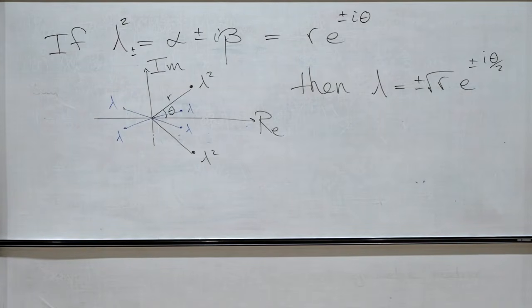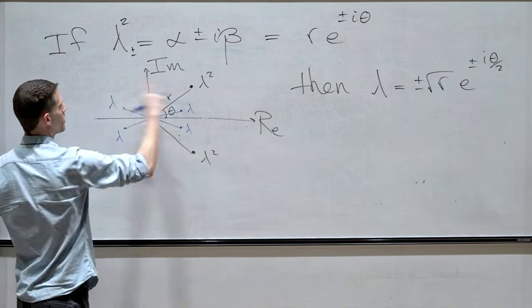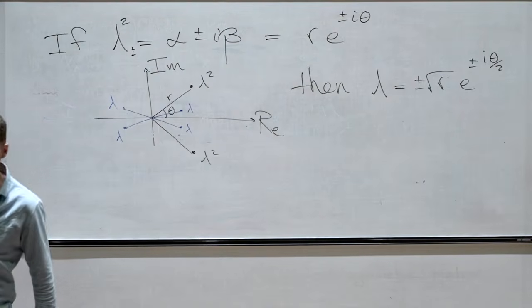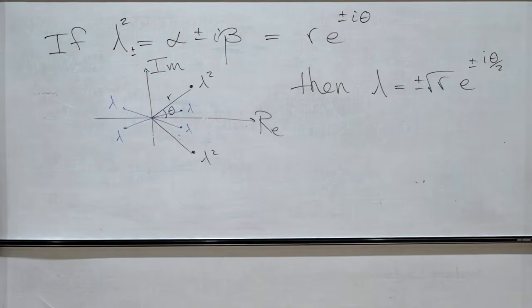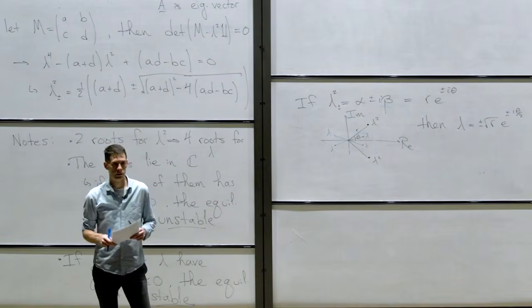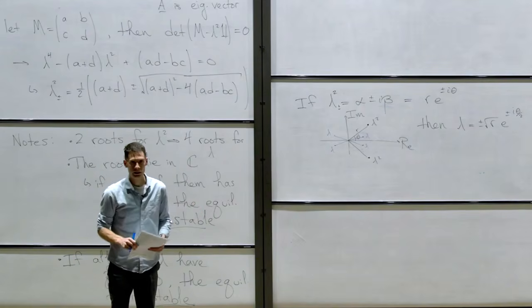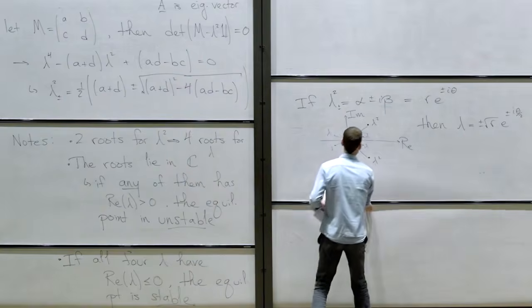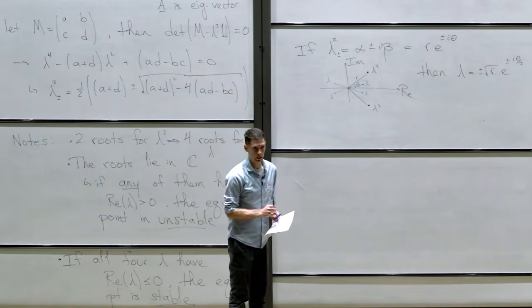The point is, because of that plus minus on the square root of the radius, two of the roots live in the right half of the plane, which is where the real part is positive, which is where things are unstable. So this is always going to lead to an unstable equilibrium.